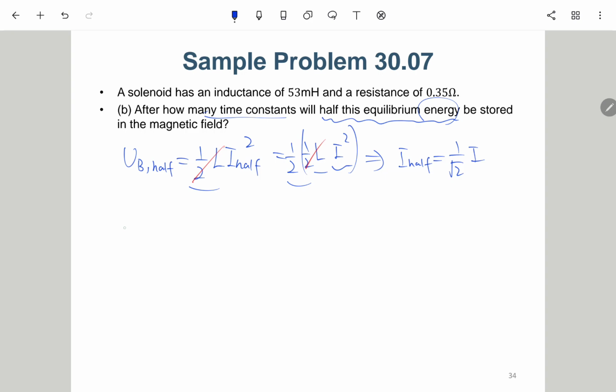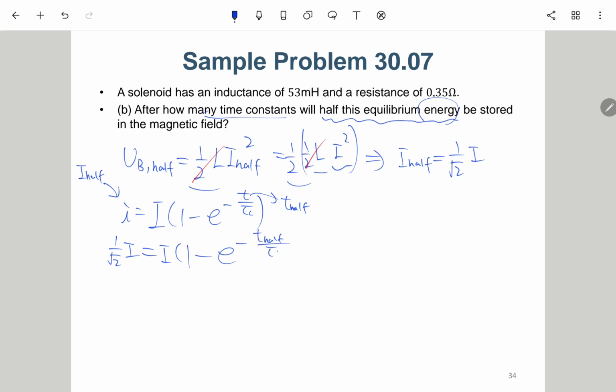In such a way we have I equals, let's say this is big I, times 1 minus exponential to negative t over tau L. So what we consider is I/2, and then this becomes T/2. So we have I times 1 minus exponential to negative T/2 over tau L.